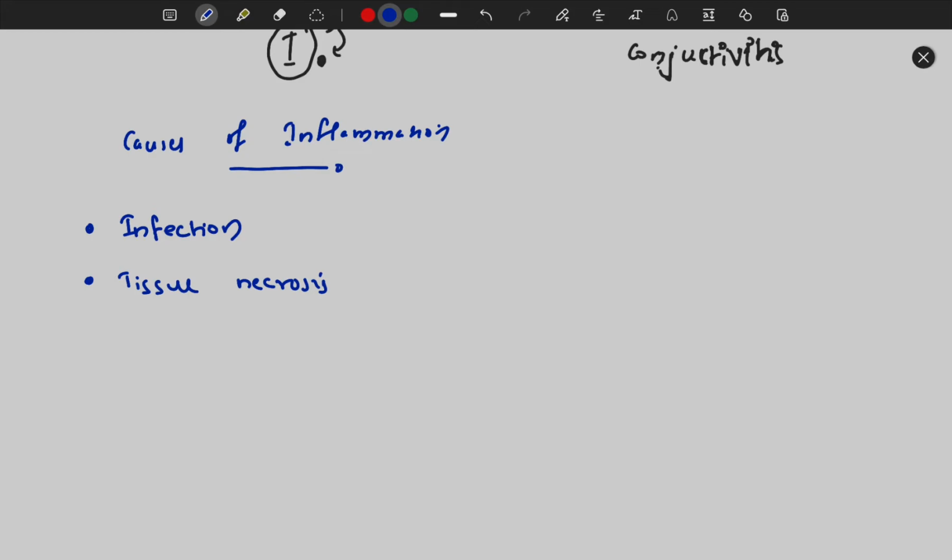Cells may die because of ischemia, that is, reduced blood flow, as in MI, or trauma, physical injuries, chemical injuries, thermal injury as in burns or frostbite, irradiation, or exposure to some environmental chemicals. Several molecules released from necrotic cells are known to trigger inflammation. This will be described later.